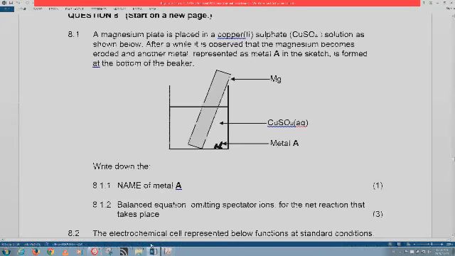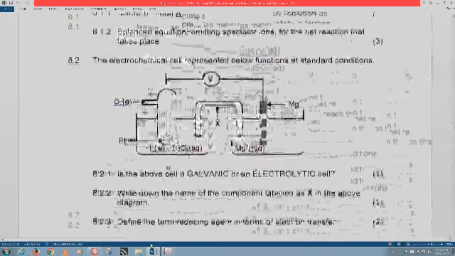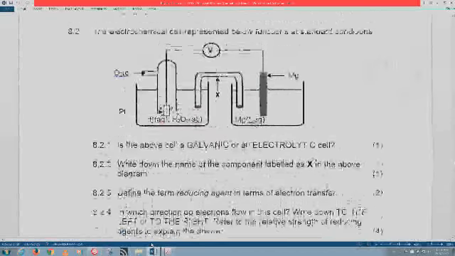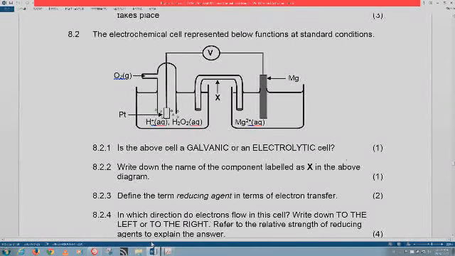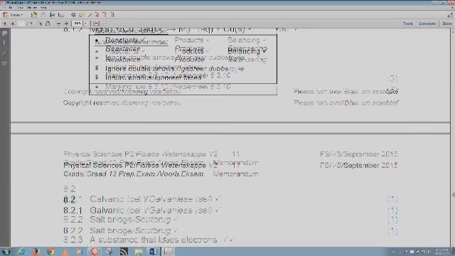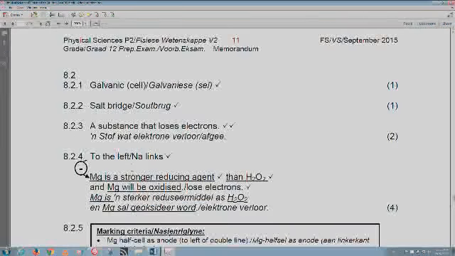And then question 8.2, the electrochemical cell represented below functions at standard conditions. Is the above cell a galvanic or an electrolytic cell? Now the only answer expected there is a galvanic cell. Because the cell is already in the question, the learner can just say galvanic.